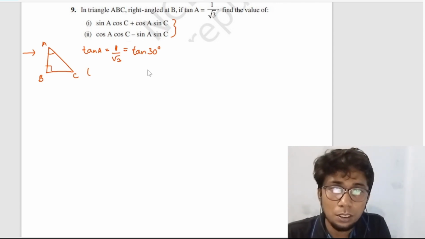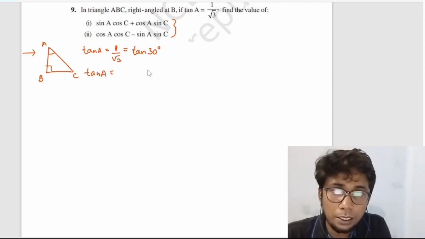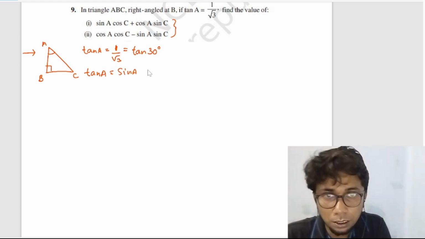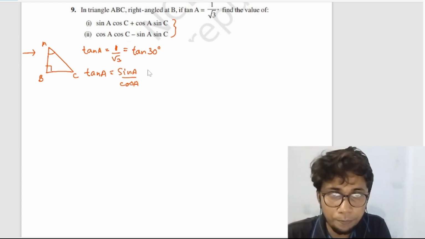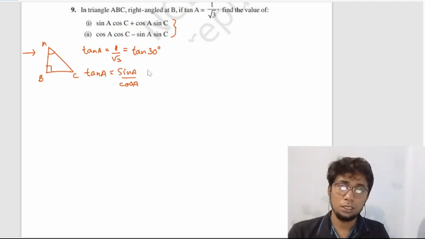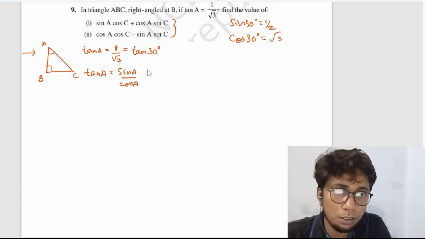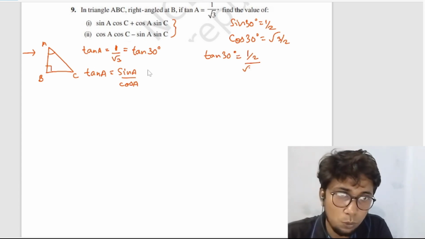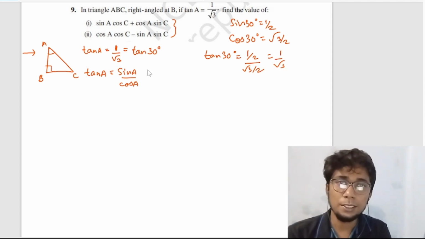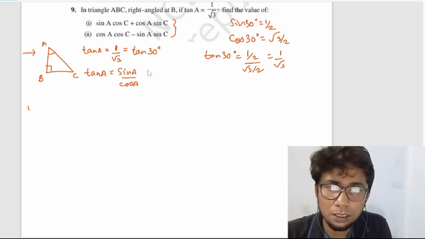See, we know that tan A is sin A over cos A. Sin 30 degrees is 1 by 2 and cos 30 degrees is root 3 over 2. So what is tan 30? Tan 30 is 1 by 2 over root 3 by 2. This will give you 1 over root 3. Fine.